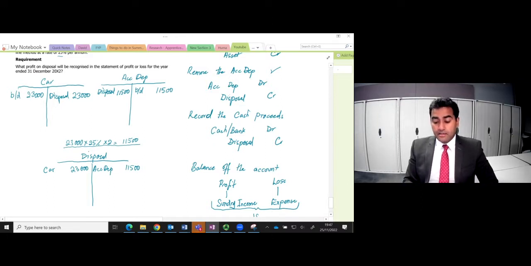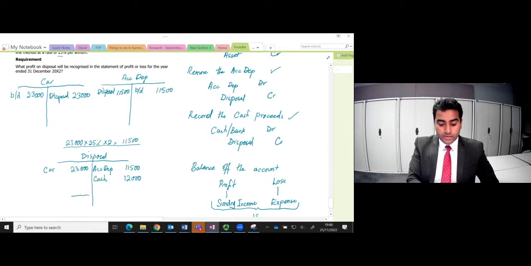Next, the third step is to record the cash, and we have received £12,000 as cash. So the double entry will be cash account or bank account debit, and the disposal account is credit by £12,000, cash.